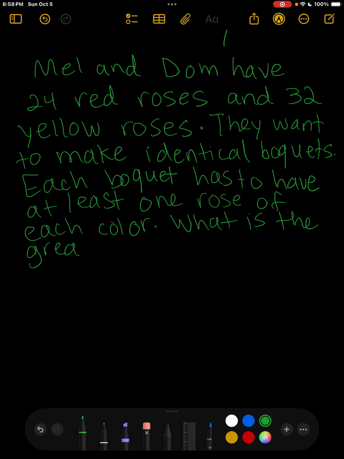So this is us finding the greatest common factor, which is something you'll do in 5th grade, 6th grade, 7th grade. What is the greatest number of bouquets they can make?